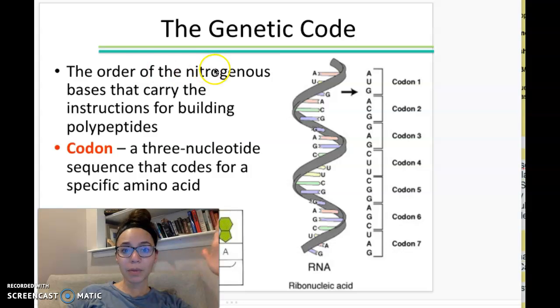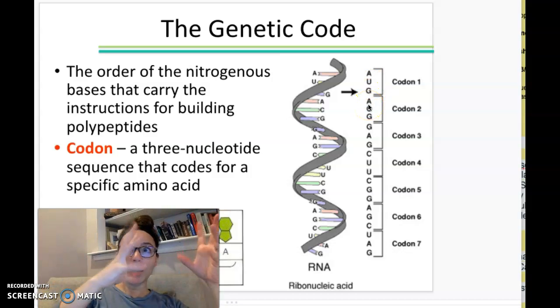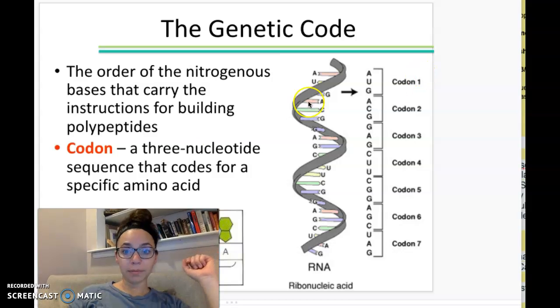Okay, so kind of like I was talking about. The order of the nitrogenous bases carries the instructions for building polypeptides, which is a protein. So this code, the order of A's, T's, C's, and G's, or A's, U's, C's, and G's in the case of RNA, makes a specific protein.